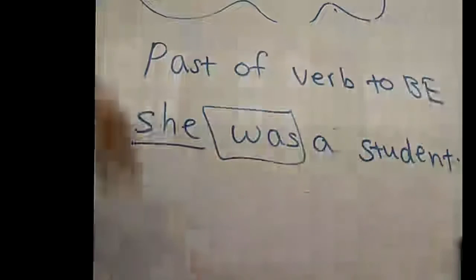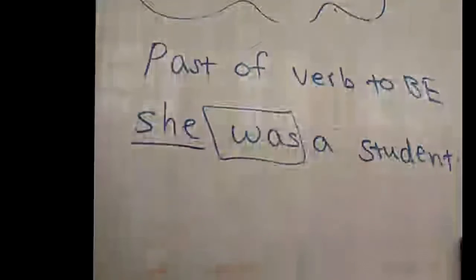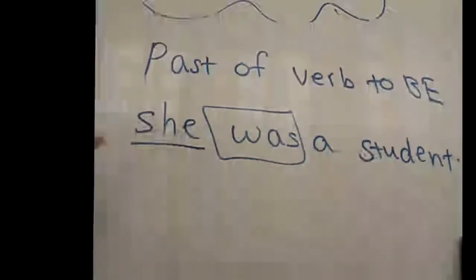She was a student. Now, maybe now she is a teacher, an engineer, a doctor, or anything else. The same thing when it comes to they were students, for example. So basically you can use it with anything, right?